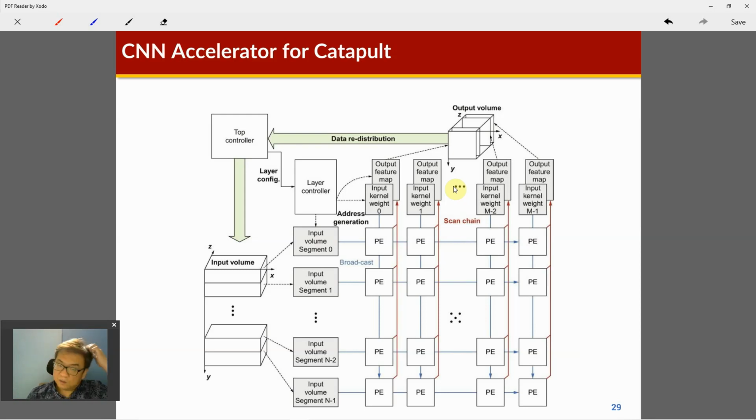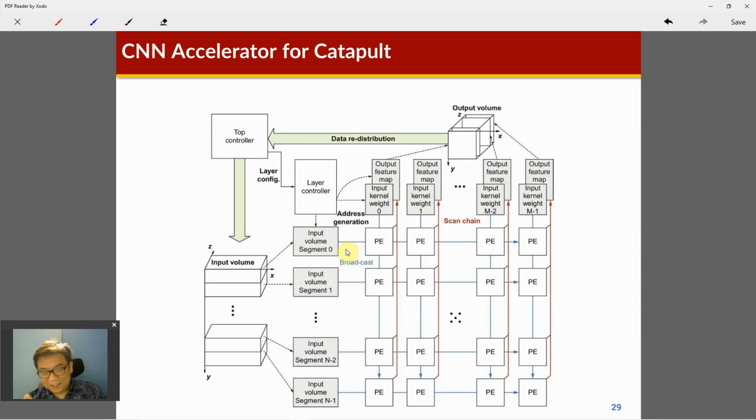So this is an example of a convolutional neural network accelerator implemented on the Catapult. As you can see, this structure of the CNN accelerator is very similar to the Google TPU, because what's the CNN? CNN is composed of matrix multiplication.